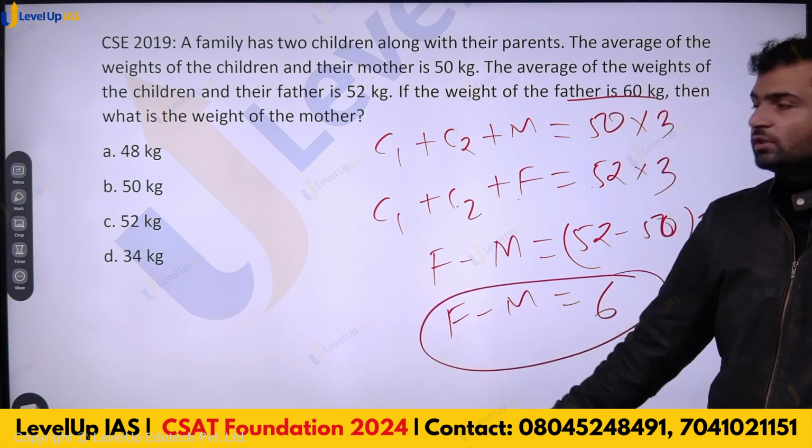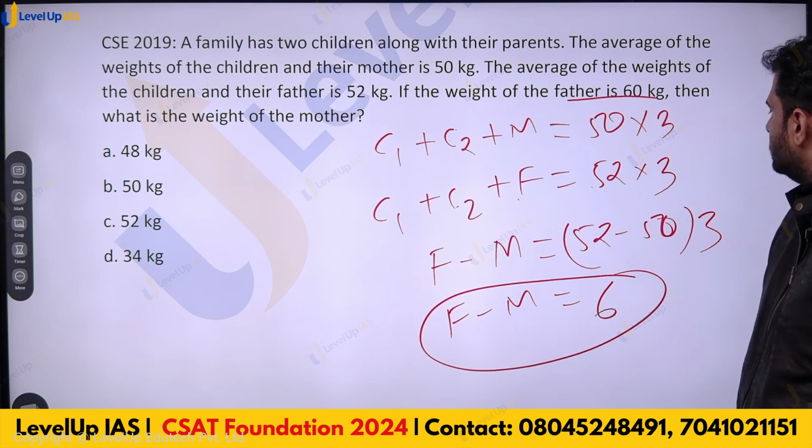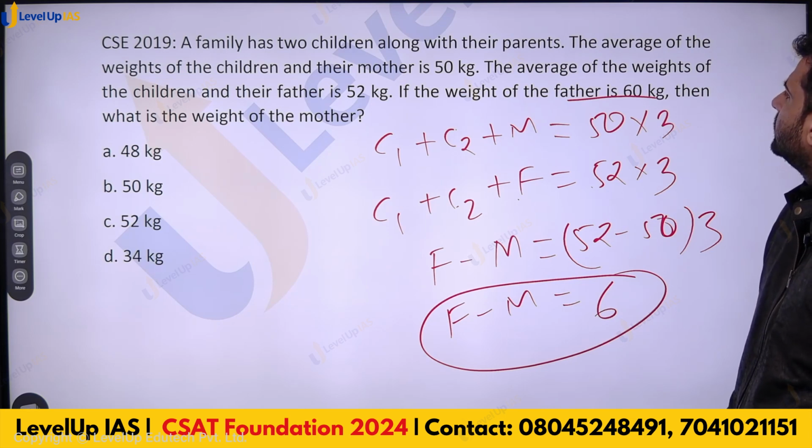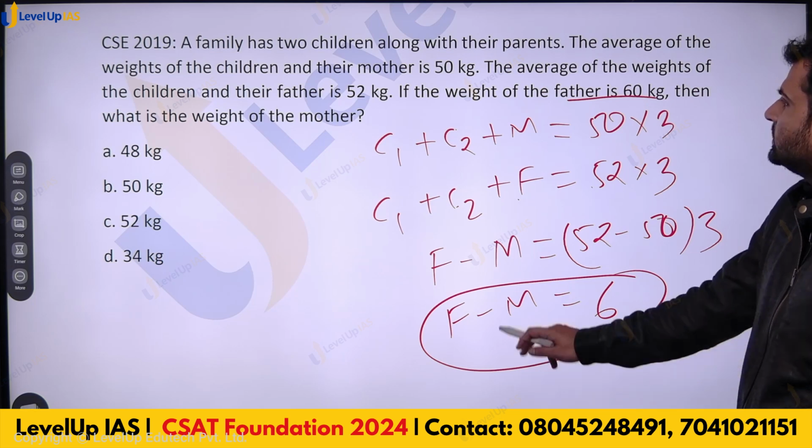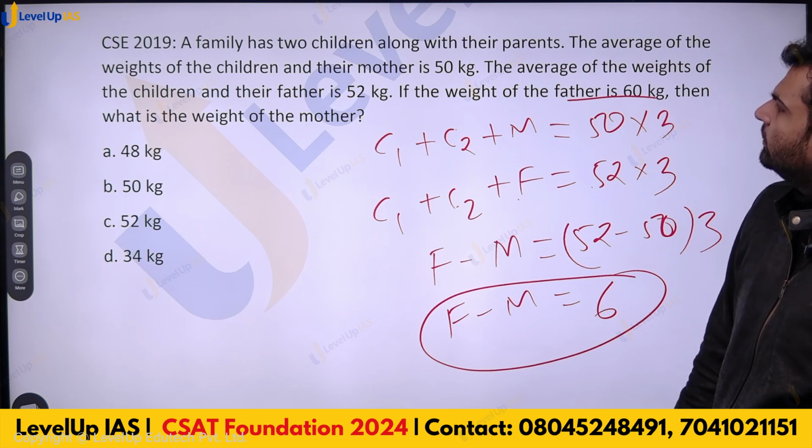And if you put the father's weight as 60 here, you will get the mother's weight as 60 minus 6, which is 54, I think.